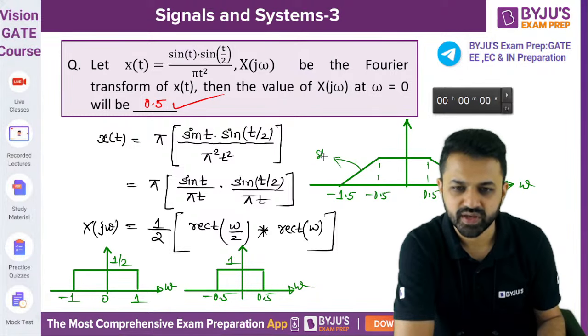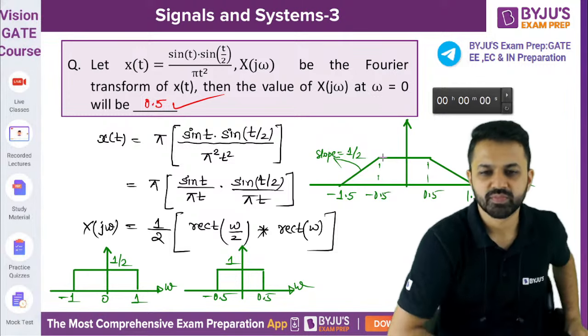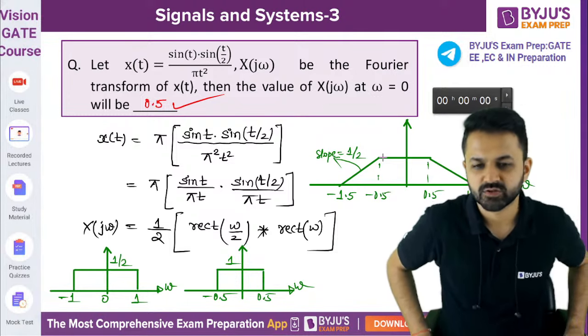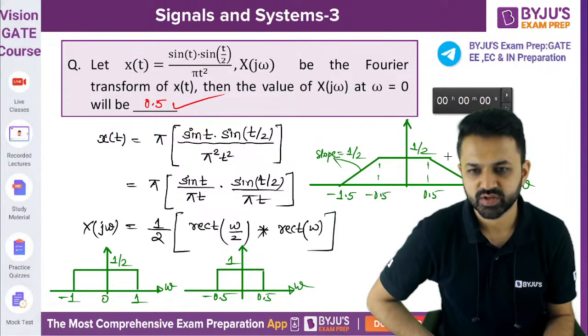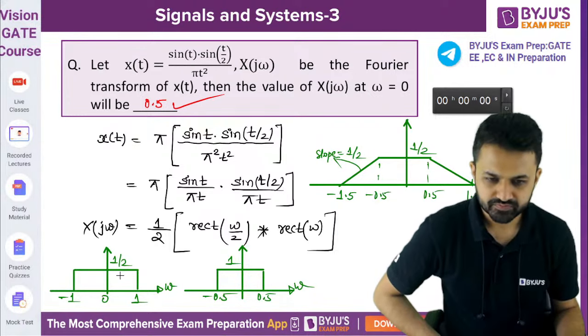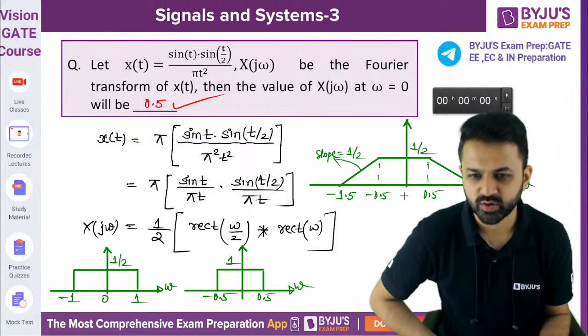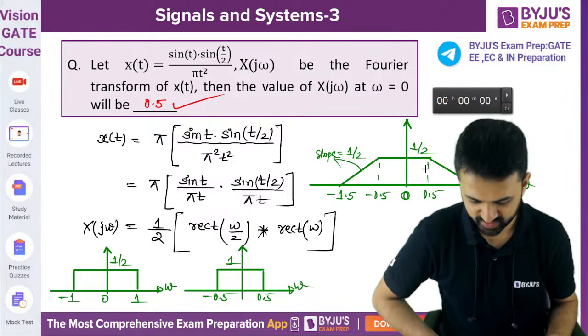The slope will be 1 by 2, so the height should be 1 by 2. So at omega equal to 0, you will get 1 by 2.